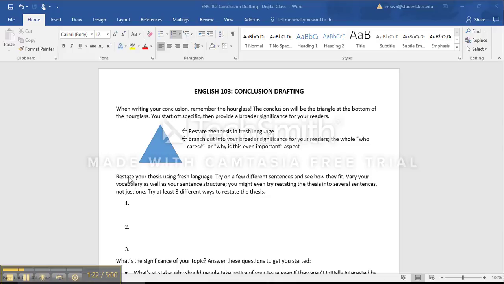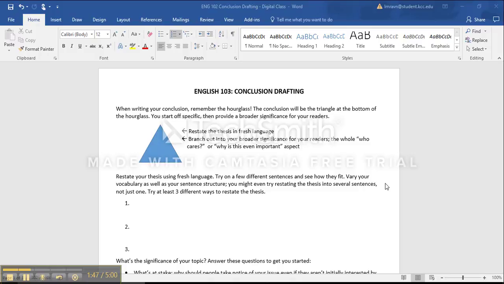Restating your thesis in fresh language sounds easier than it actually is. You can try doing a few different things. So to get you started, of course you could vary up your vocabulary, right? You could start changing some words around, but you could even change the structure. So instead of just changing the structure within one sentence, you might even try restating the thesis into several sentences, not just one.